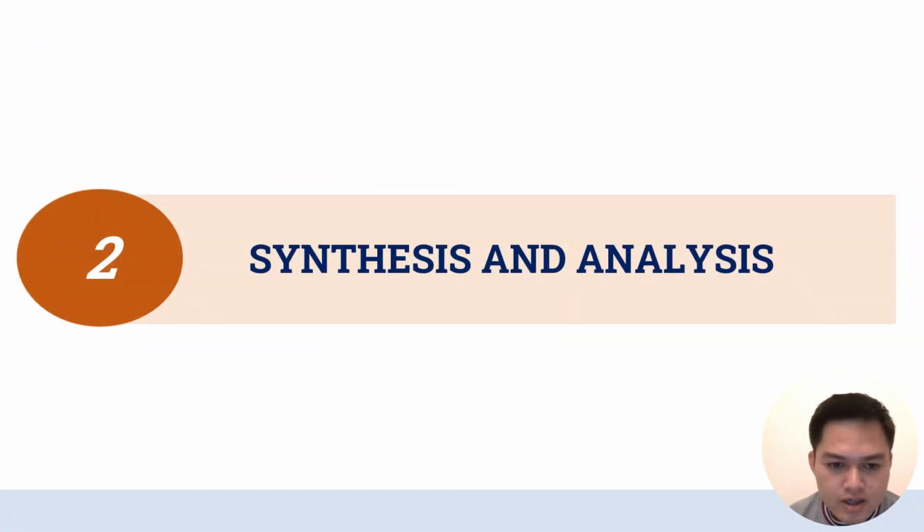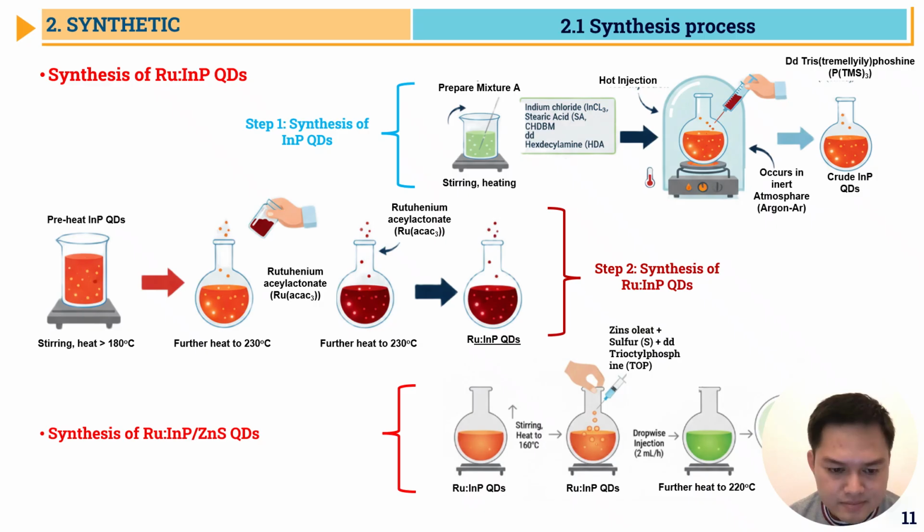Next, the content on scientists and analysts. This slide explains how ruthenium-doped indium phosphate quantum dots are made. Indium phosphate core is produced by hot injection.